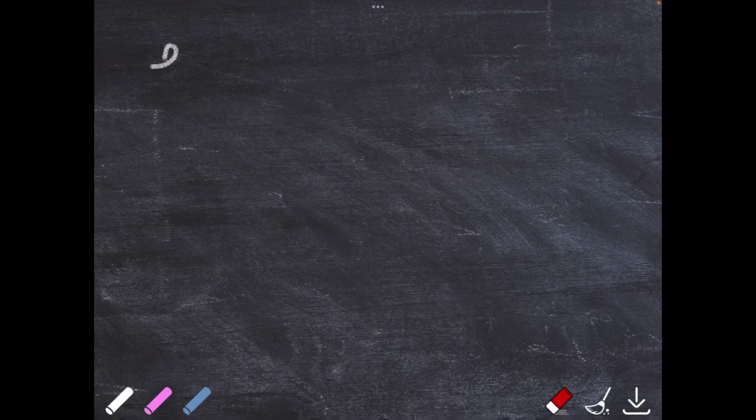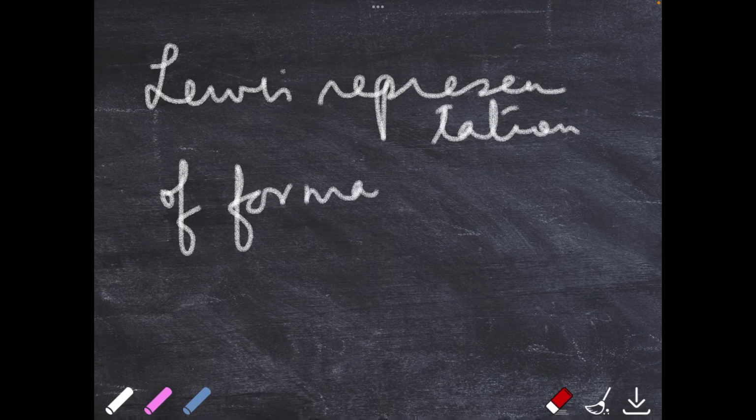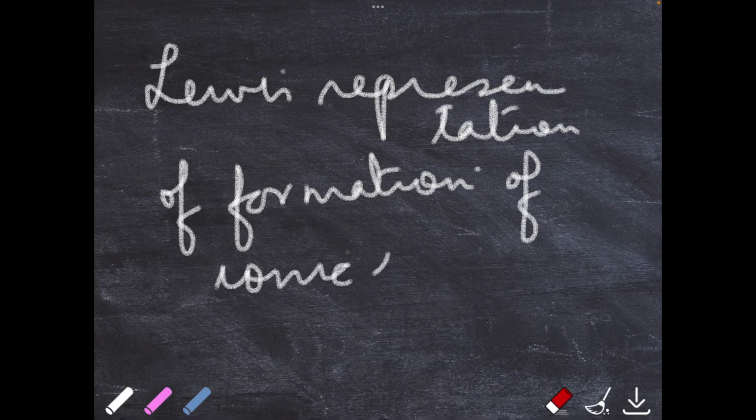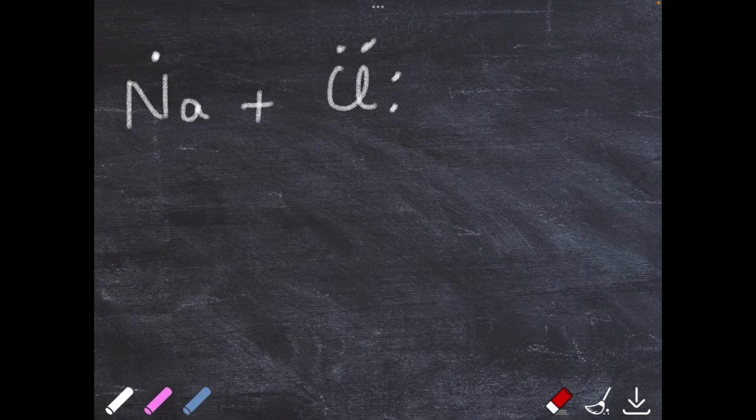Now how do we represent this? Lewis representation of formation of ionic bonds. Now supposing I have sodium, I represent it like this with a dot, plus chlorine, it has 7 valence electrons, so I represent it like this, and this 1 electron of sodium will go to chlorine.